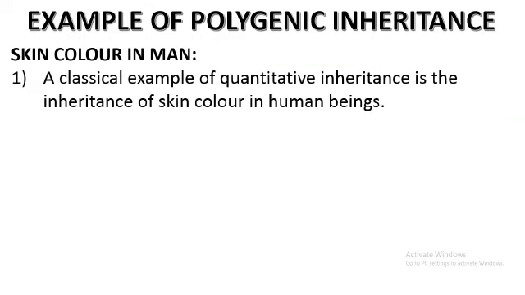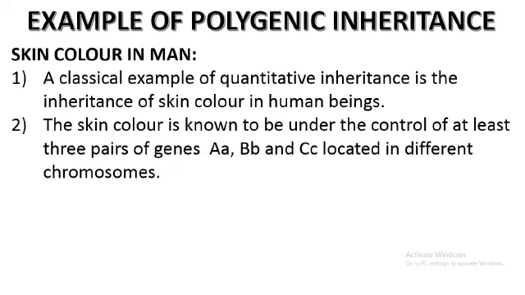As I told you, skin coloration in human beings is the best example for polygenic inheritance. Here, the skin color is known to be controlled by three pairs of genes, that is A, B and C. They can be present in homozygous condition or in heterozygous condition as shown here: capital A small a, capital B small b, capital C small c, or capital A, capital B, capital C, or the recessive condition small a, small b, small c.